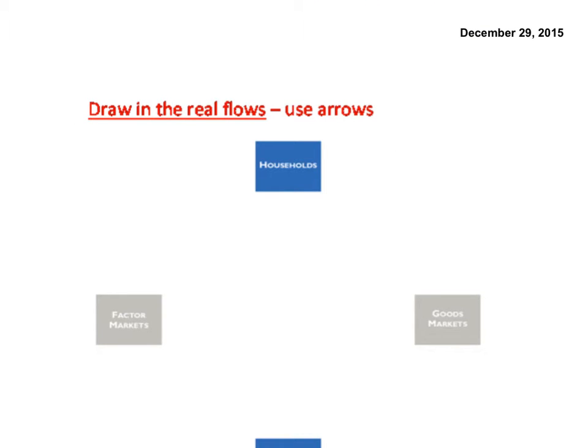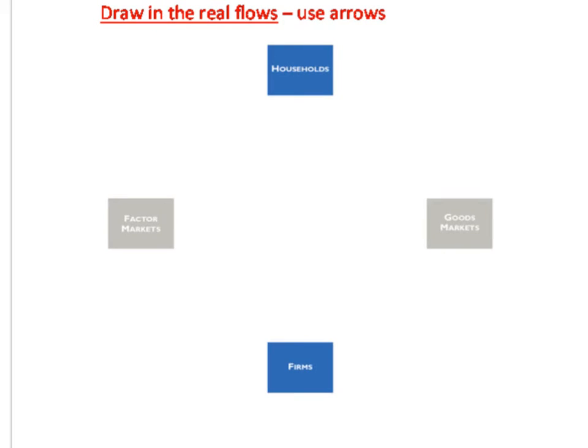So as I mentioned, there are both real flows and money flows. We're going to first look at the real flows. So these are the flows of the land, labor, and capital, the goods that go between the two different groups.